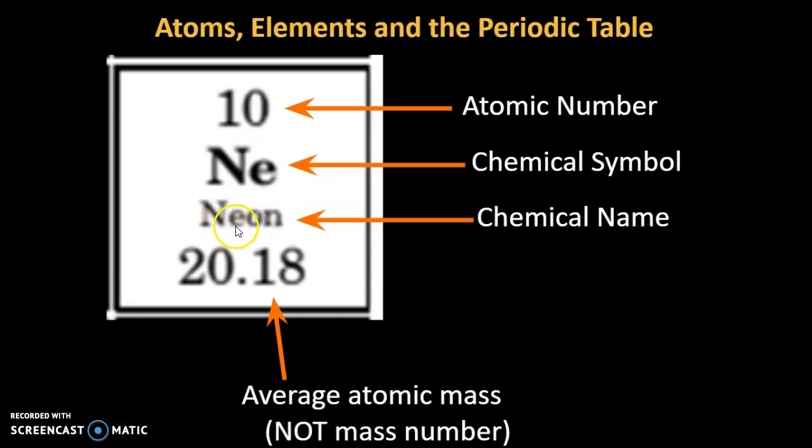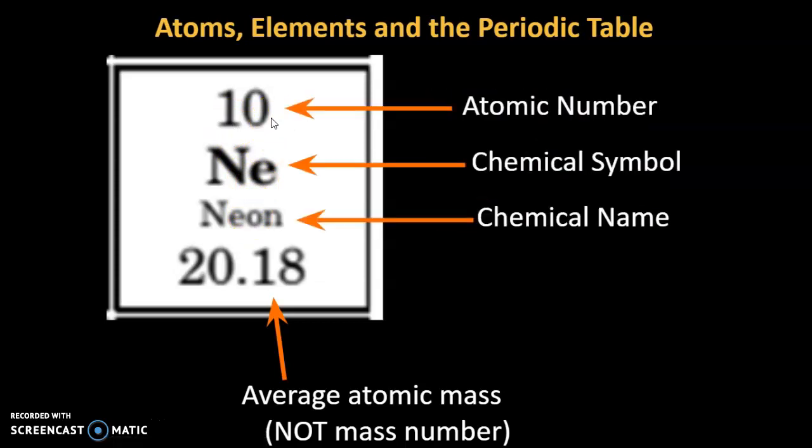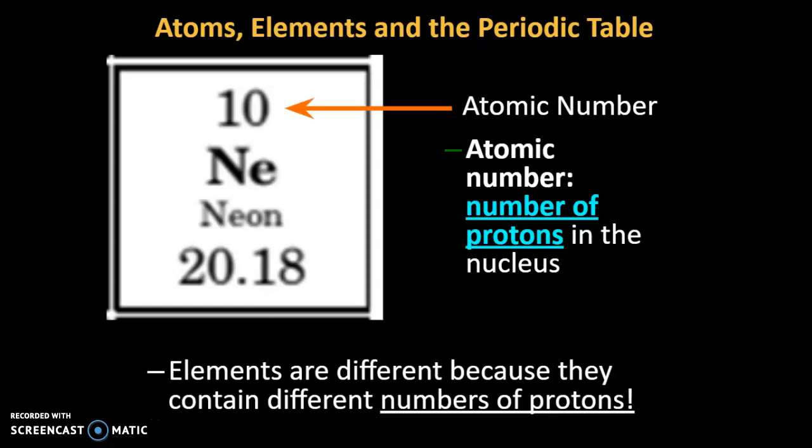Neon is neon because it has 10 protons. So if something has 9 protons, it cannot be neon. It's going to be a different element. So the big thing here is that the number of protons will tell us what element we're looking at. And again, the average atomic mass is just the average mass of all isotopes on the planet.